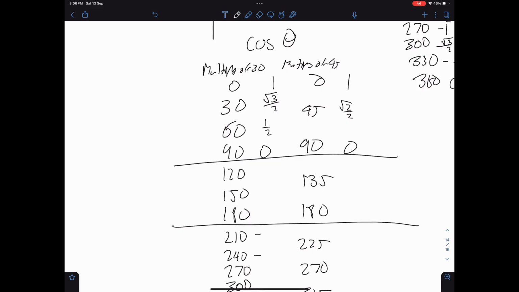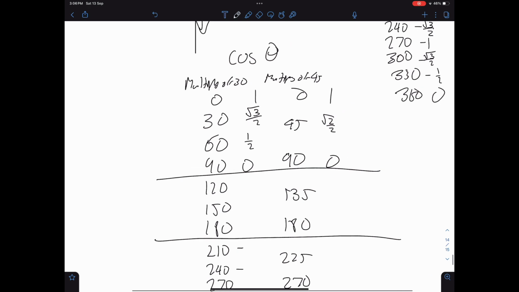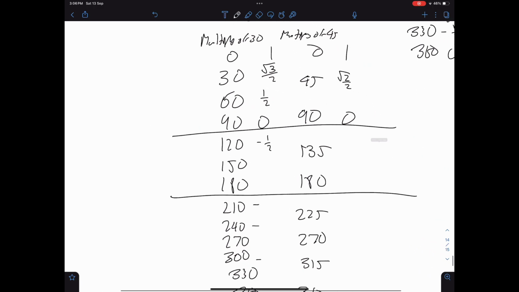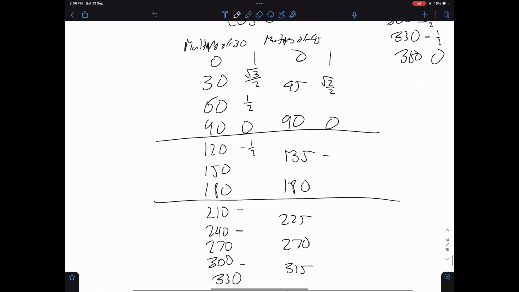So, same for the same basic angle, but negative in that second quadrant. So for this one it'll be negative half, because the basic angle it makes is 60 degrees. And then here it'll be root 2 over 2, so root 3 over 2, and then we'll be up to negative 1.